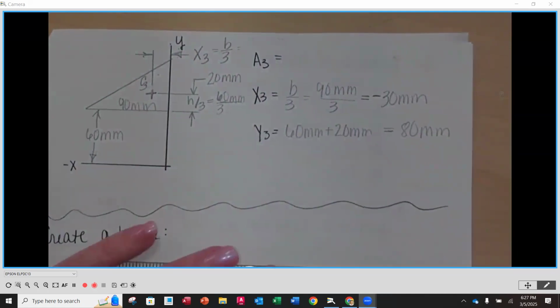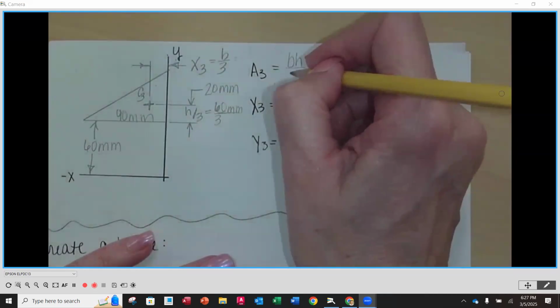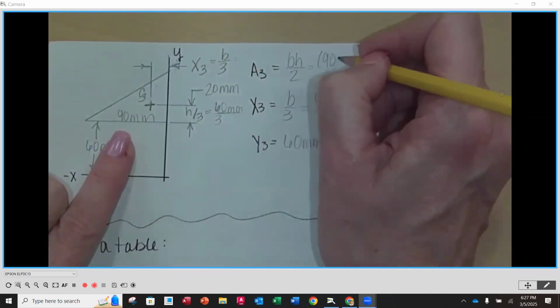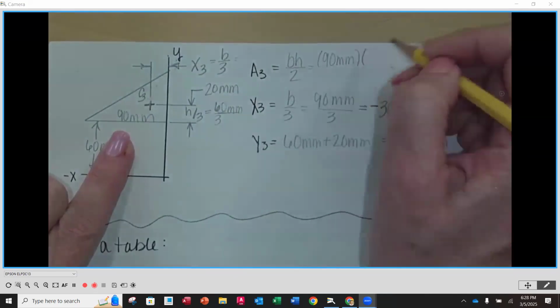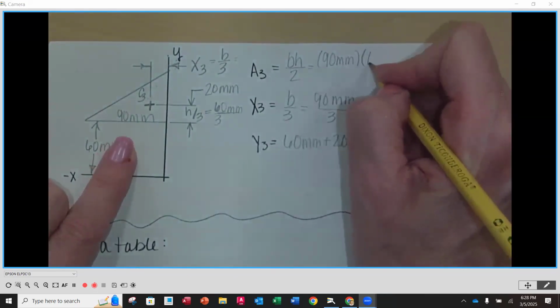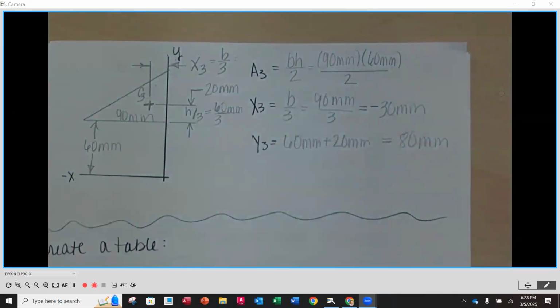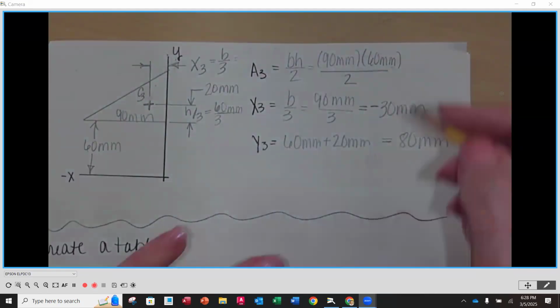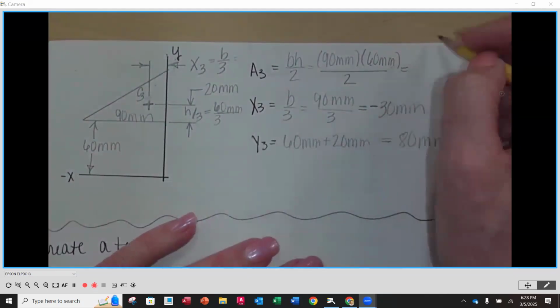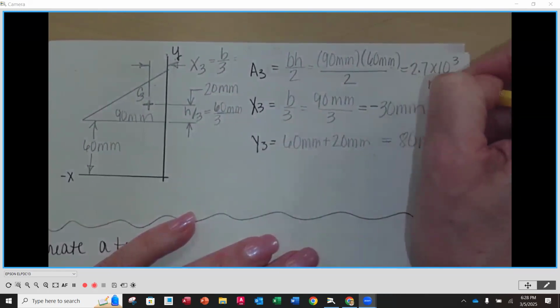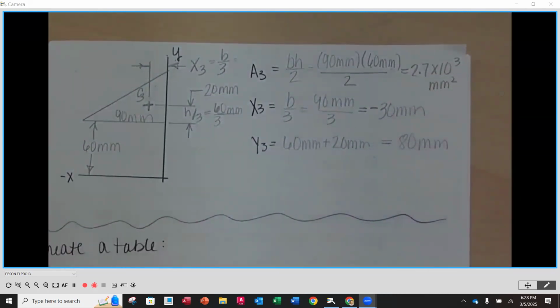And then the area. Area is base times height divided by 2. So the base here is going to be our 90 millimeters times the height of 60 millimeters again, divided by 2. So 2,700 or 2.7 times 10 to the third millimeters squared.